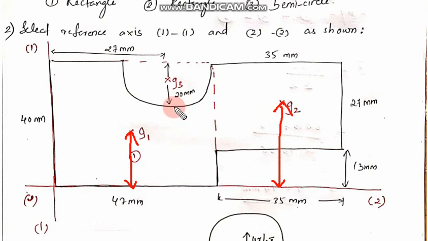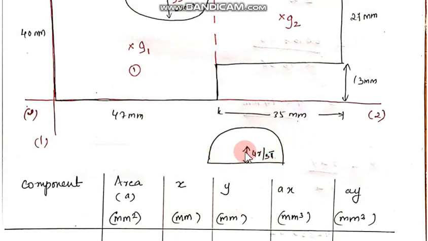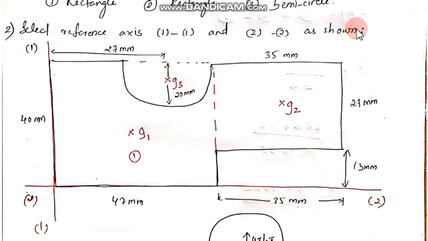Okay. Now third case is of a semicircle, you need the distance from here, from G3 to the x-axis. But normally when you have a semicircle, you know the distance from here to here, correct? This small distance, you know that already. As I can show it to you, see, that distance is 4r by 3 pi, which means that this particular distance is known.